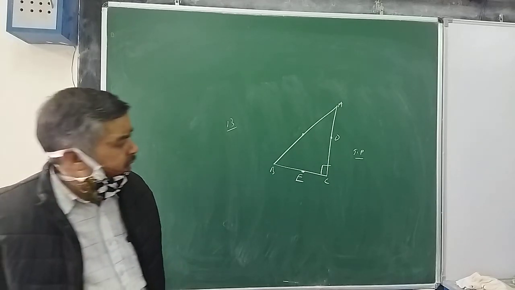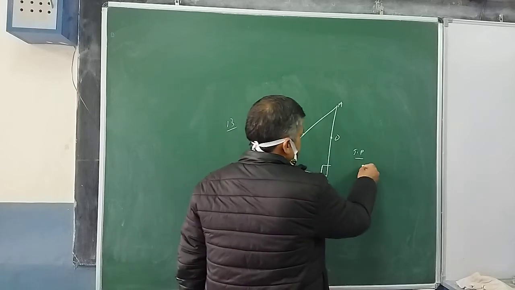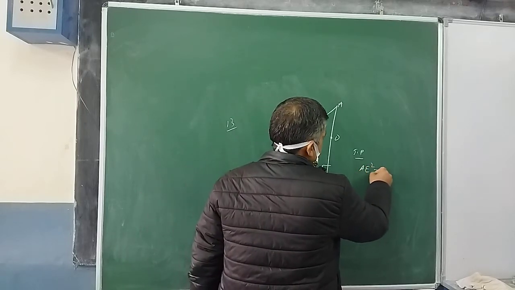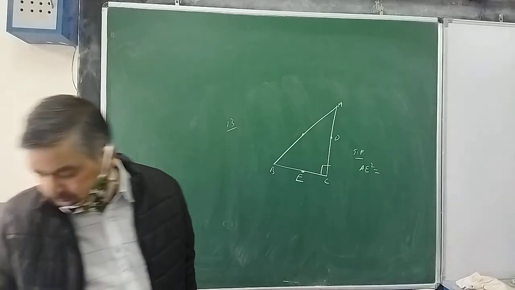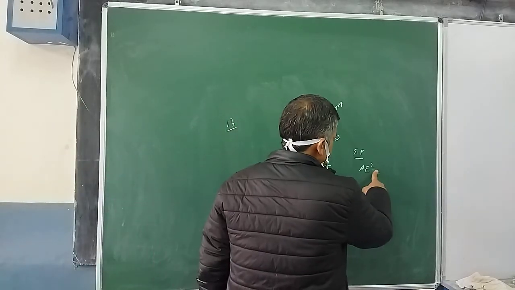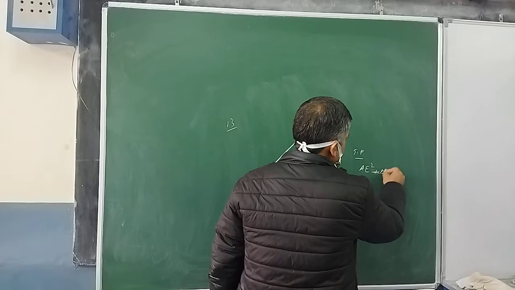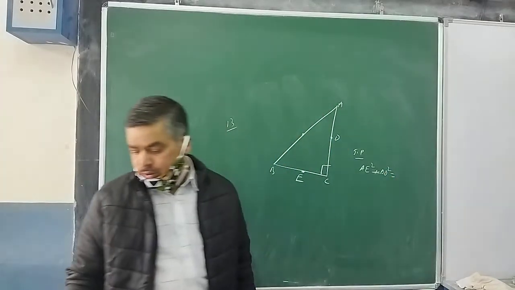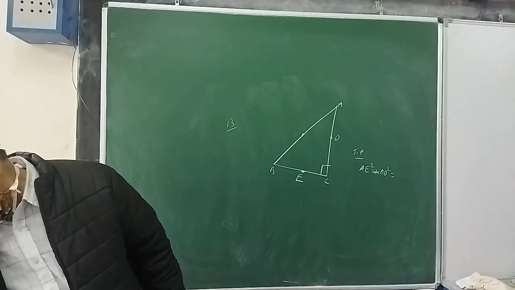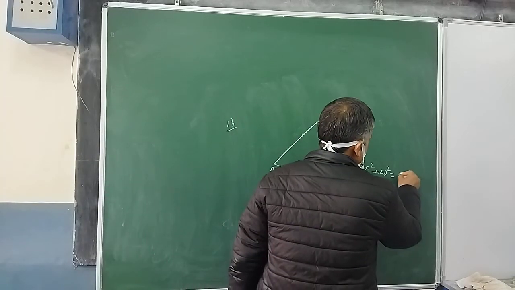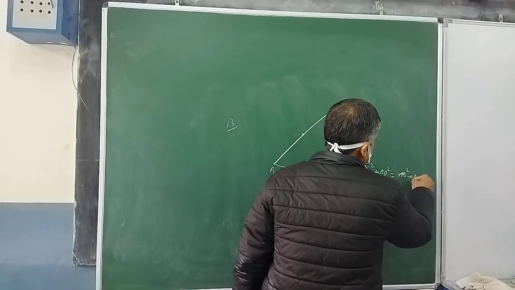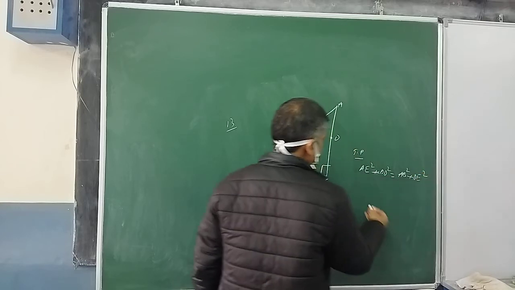Now you need to prove that AE square plus BD square is equal to AB square plus DE square.